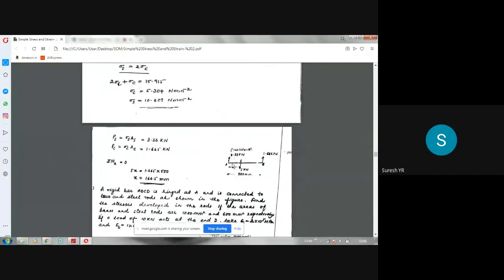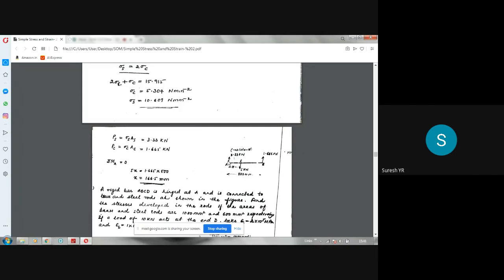Now the position of that load we have to find out. To find the position of the load, since the rigid bar is not deflecting, you have to take the moment about any one of the points. I will take the moment about this point A and equate it to 0. The 5 kilonewton is acting downwards.